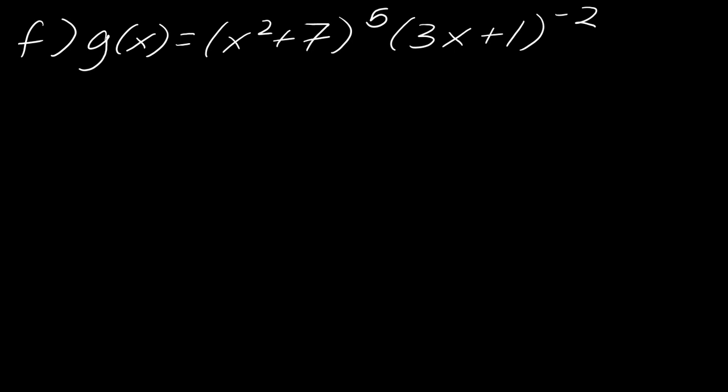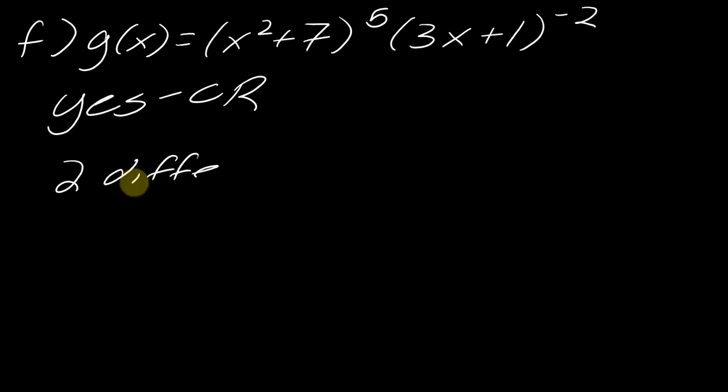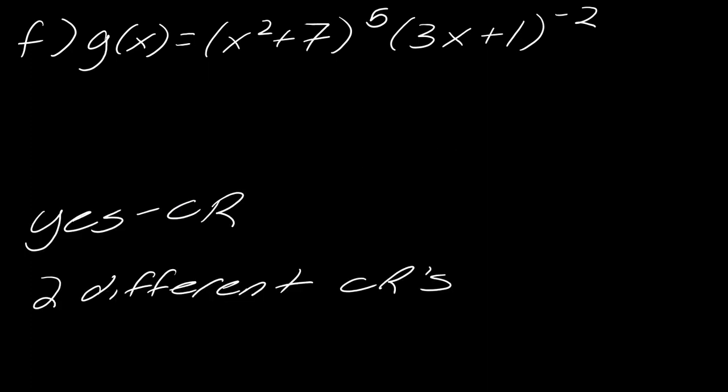Okay, so this one is the chain rule. And this one's actually a little bit complicated because you have to use the product rule, and then you have to use the chain rule within the product rule. So you have 2 different chain rules here. To make this easier to explain, I just moved that, so sorry about that.